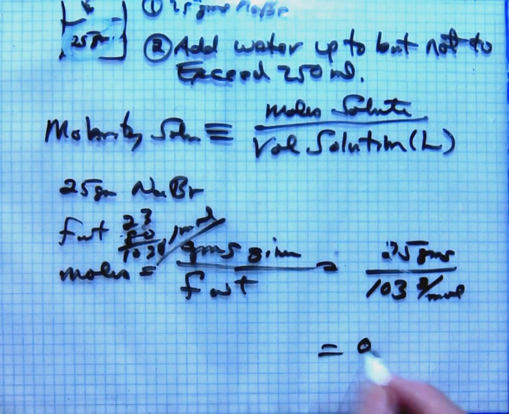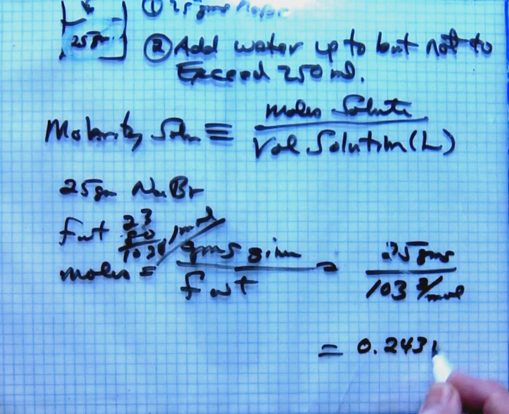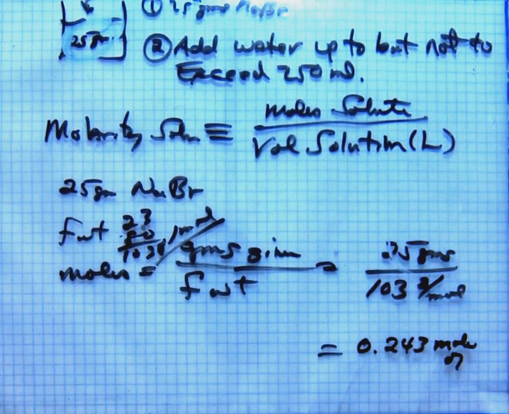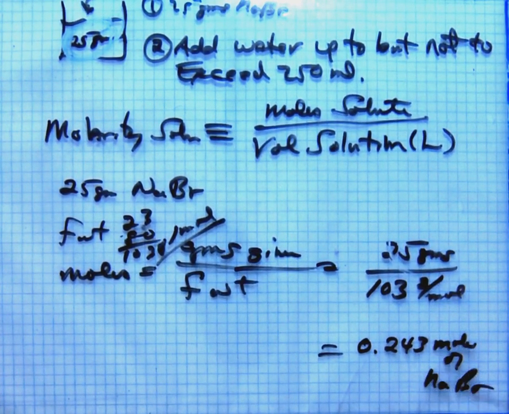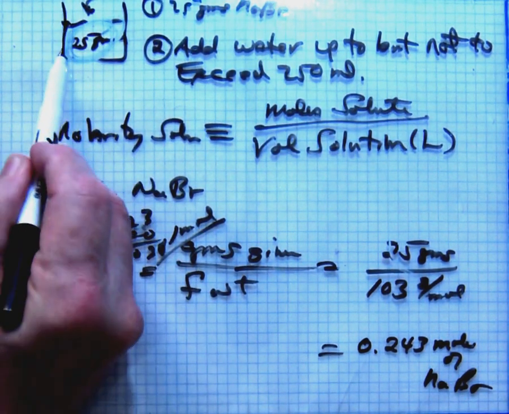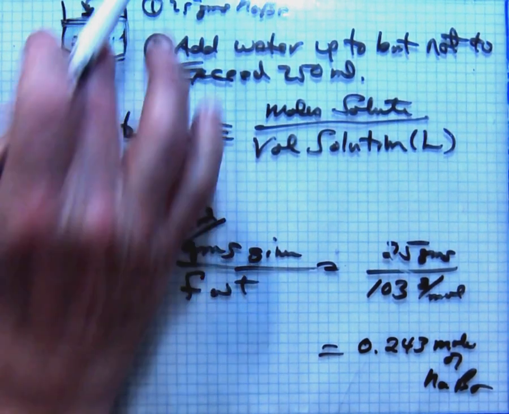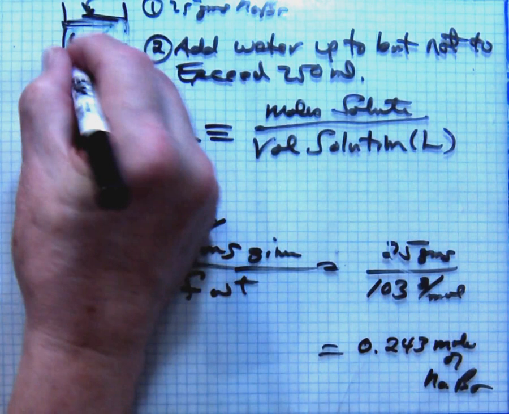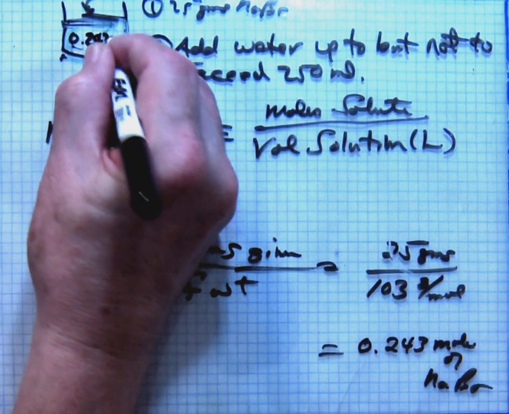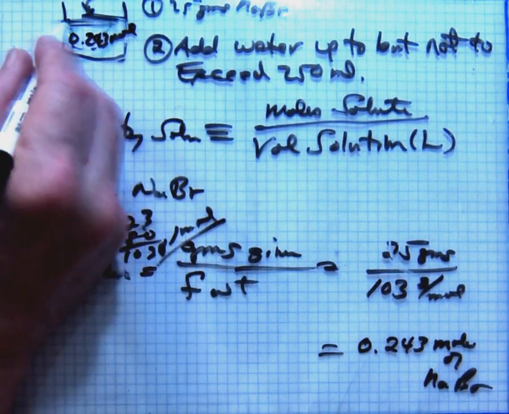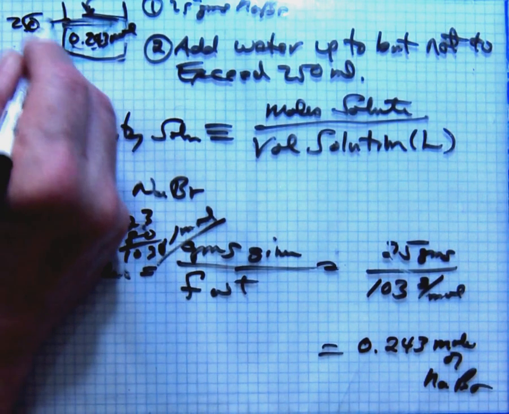That's 0.243 mole of sodium bromide in my beaker up here. That 25 grams is now 0.243 mole dissolved in 250 milliliters.